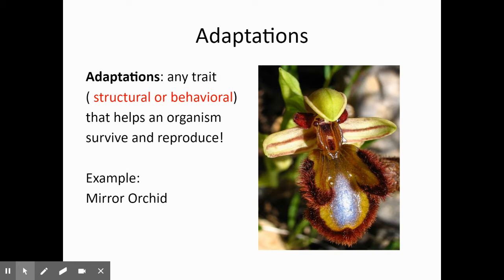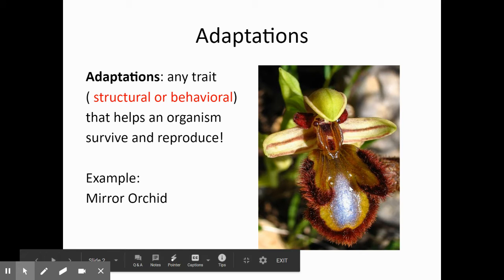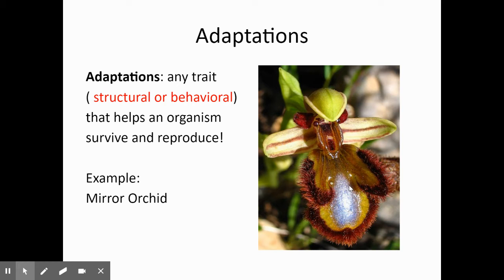But in doing so, they get pollen on them, and then eventually they'll get frustrated and move on to another plant that they also think is a female. In doing so, they are helping to transfer pollen from one plant to the next. So this is a structural adaptation for this particular flower that has allowed it to survive because it attracts pollinators.